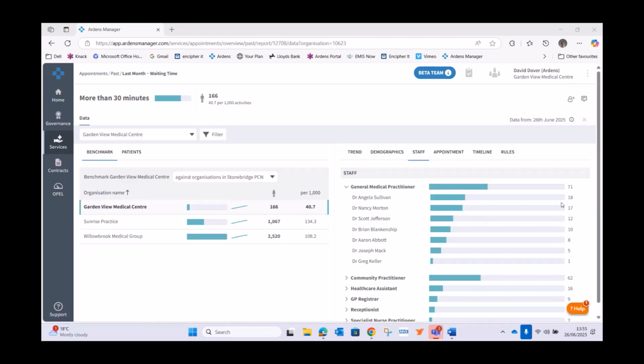But it's just highlighting the fact that, for example, Dr. Sullivan had 18 patients wait more than 30 minutes. There may have been a reason for that, but if that's a regular occurrence, I'd rather see that data now and make that decision now rather than potentially deal with ongoing complaints.